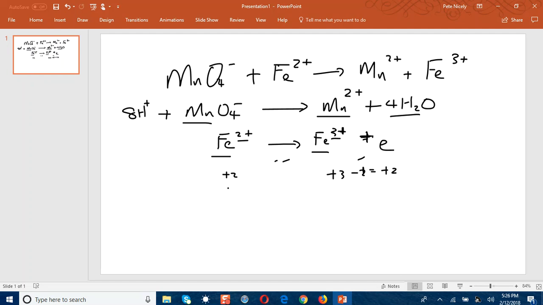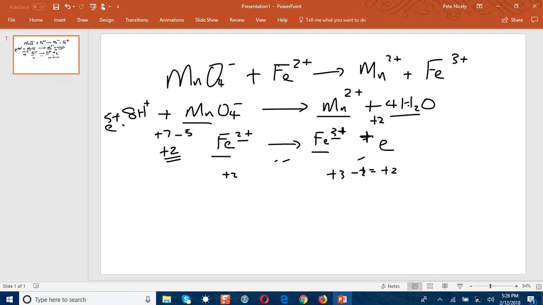Now for the first half equation, you have a total of +2 charge here. We have a total of 8 plus charges minus 1, so that's +7. To balance the charges, I would add 5 electrons to this side, because by adding 5 electrons to this side, we're adding 5 negative charges, which reduces the total from +7 to +2.